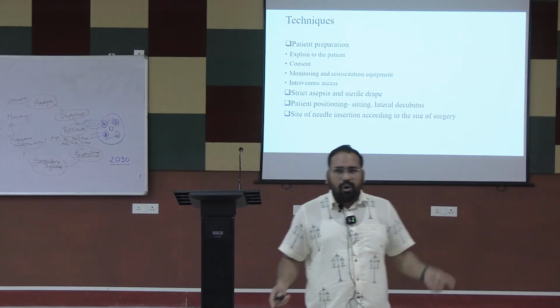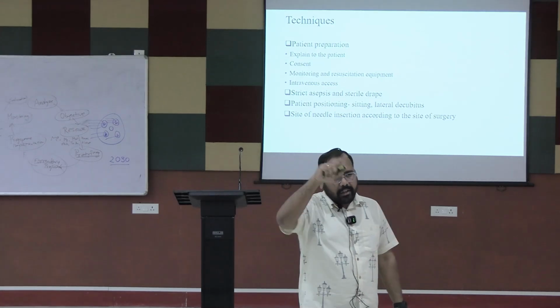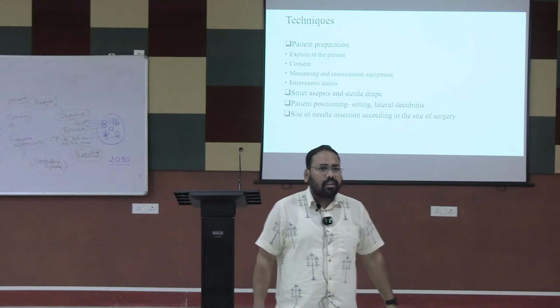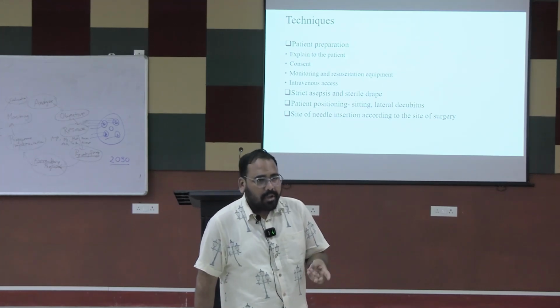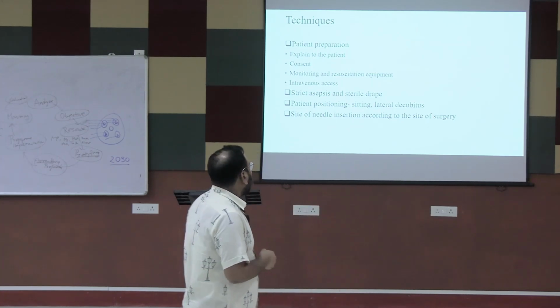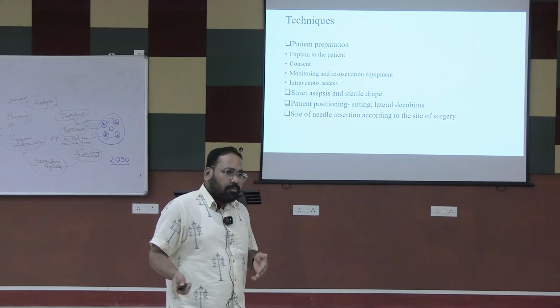You take consent, and then comes the monitoring resuscitation equipment. What is that? You all have come inside the OT. You have seen the OT is happening and the monitor is over there. Vitals are being checked. What are the things? Like BP, pulse, SpO2, heart rate, everything is being checked, because if you are giving epidural or spinal, there will be chance of hypotension.